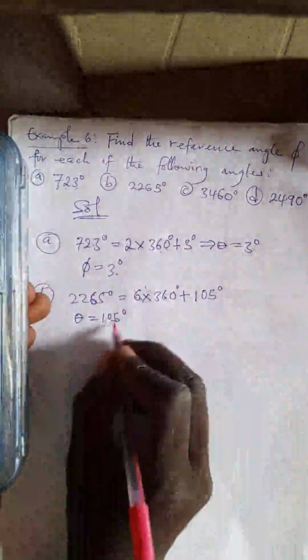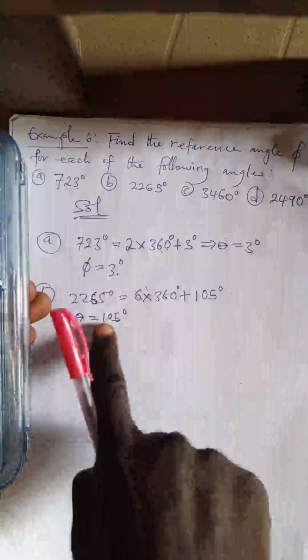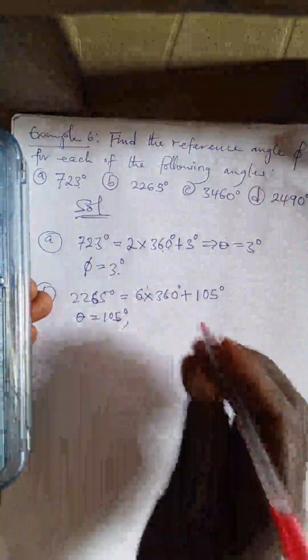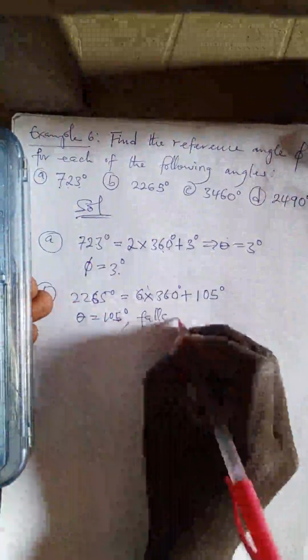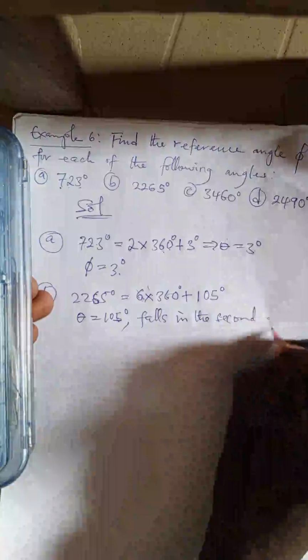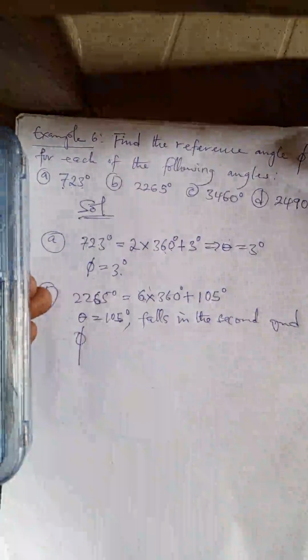Now, but what is happening here? We repeat the process above. Theta is given as 105 degrees. So theta is falling in the second quadrant. And what is phi now, the reference angle we are looking for?